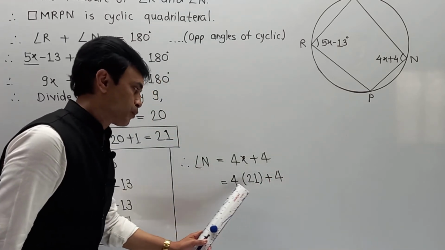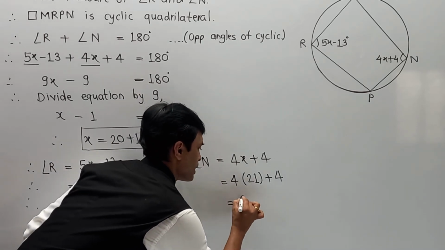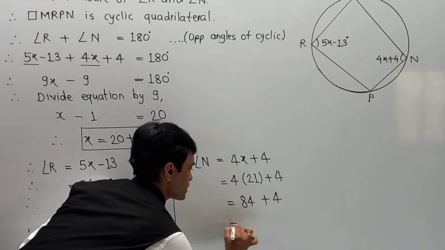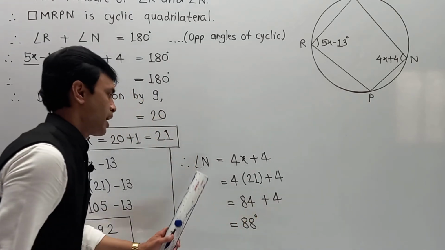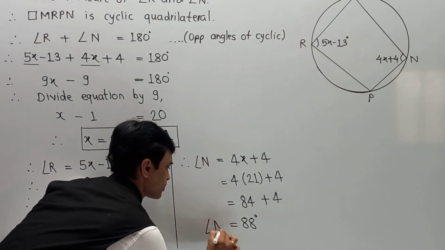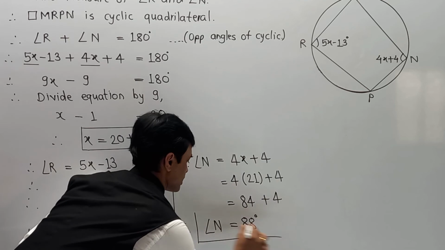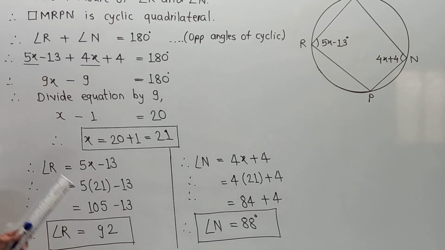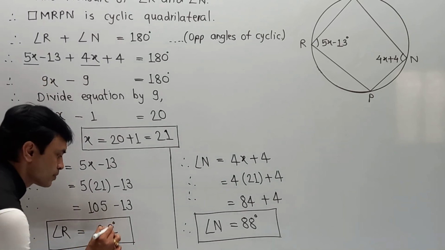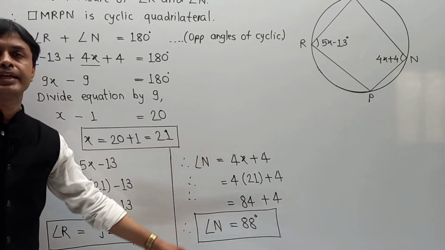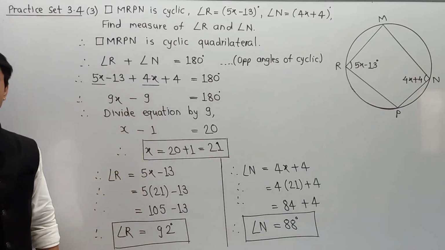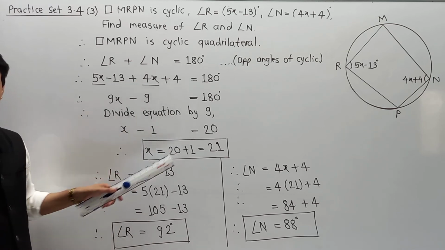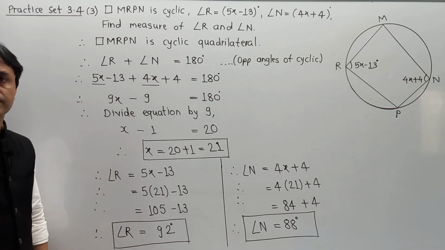Now 4 into 1 is 4 and 4 into 2 is 8, so it becomes 84 plus 4, that is nothing but 88 degrees, and that is the value of angle N. And in this way we can calculate the value of angle R, that is 92 degrees, and angle N, that is 88 degrees. It is a simple numerical, just observe it carefully. Please do not make any silly mistake in this calculation, that is mainly the agenda over here.